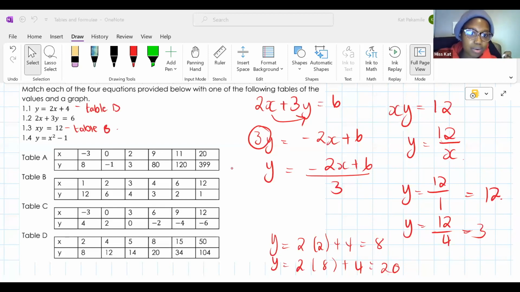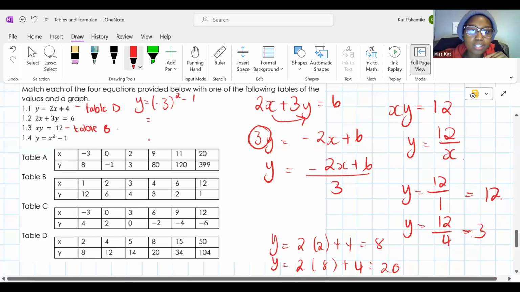1.4 is equal to table A. Okay, you guys are saying 1.4 is equal to table A. Let me check. 1.4 says y equals x squared minus 1. So if you say negative 3 squared minus 1, negative 3 squared is 9. Subtract 1, that's 8. That will be correct.